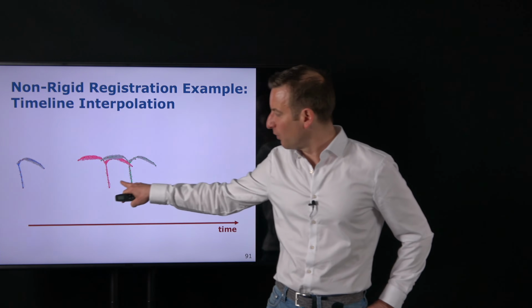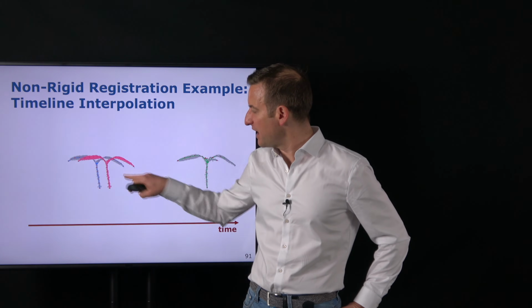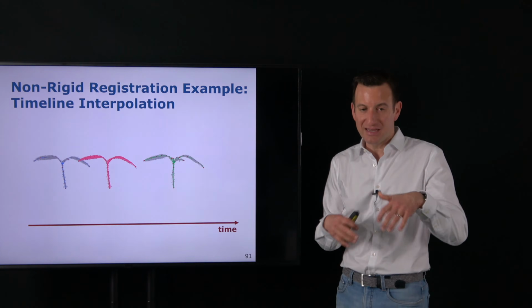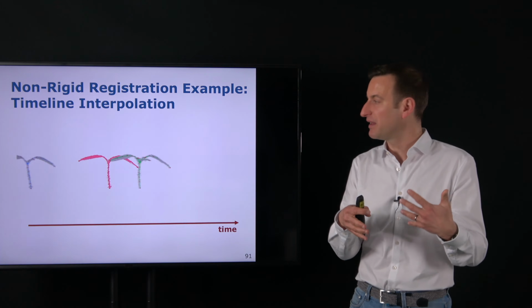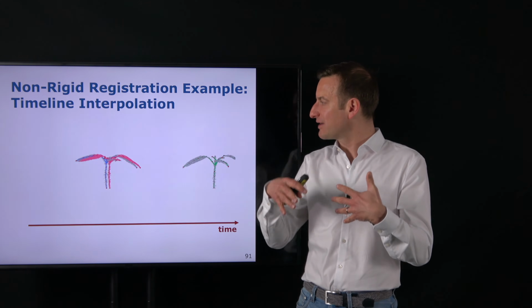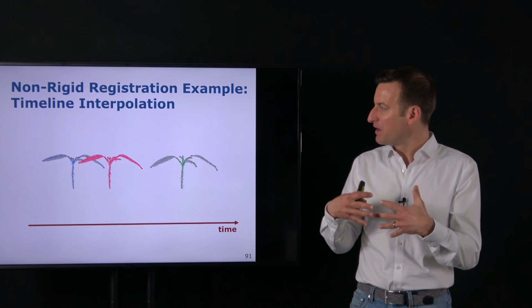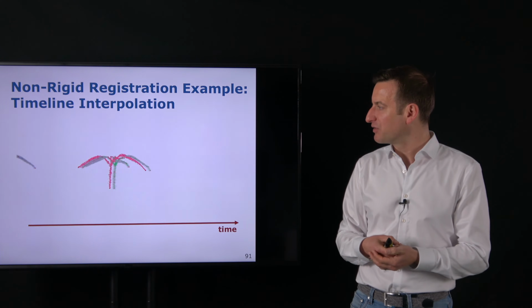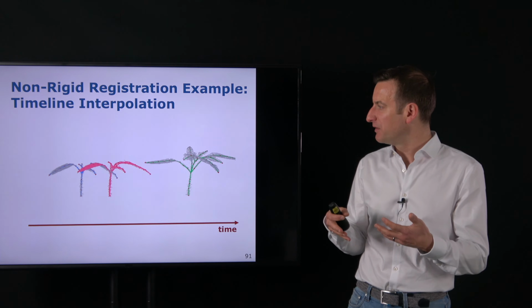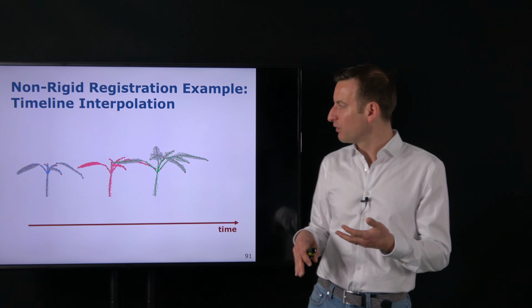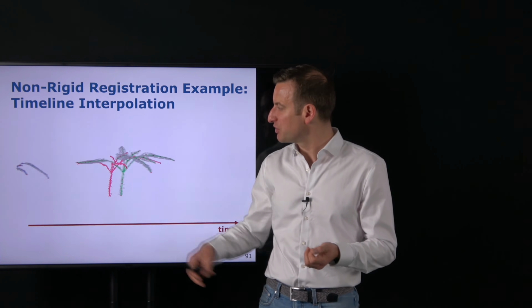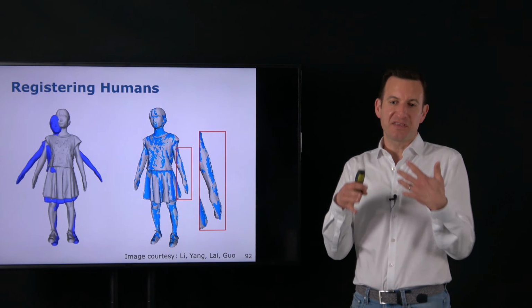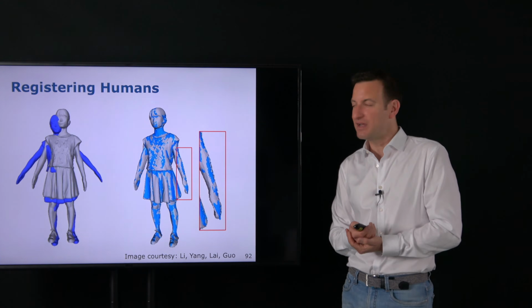So whenever it overlays with this one, you see, okay, this is the exact measurement, the point cloud, and then you can turn to interpolations and estimate how the plant will grow over time, and perform some visualization interpolating the plant growth, and then track phenotypic traits between those plants over time, although you hadn't had measurements at these positions. Those are things that you can do with non-rigid registration.